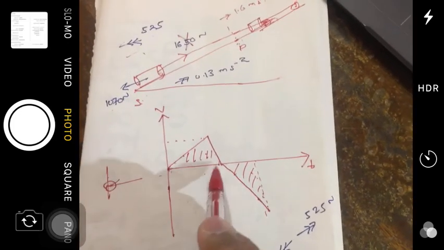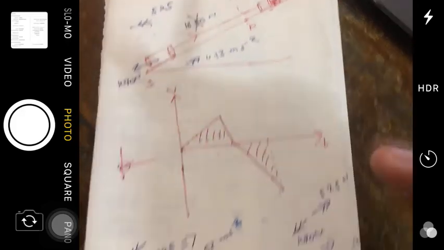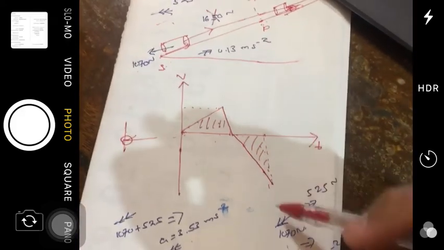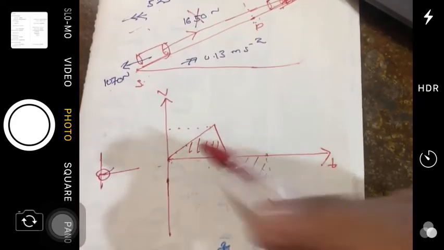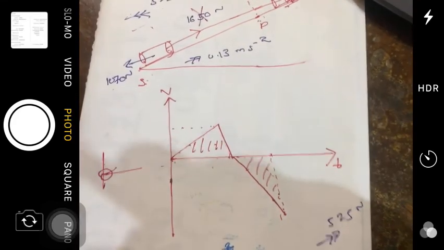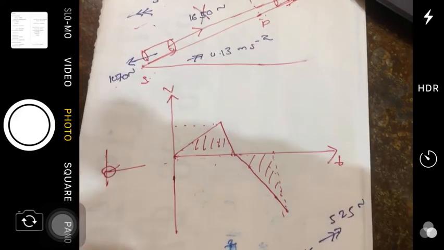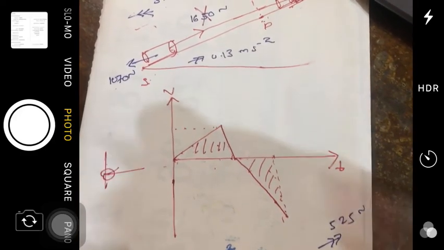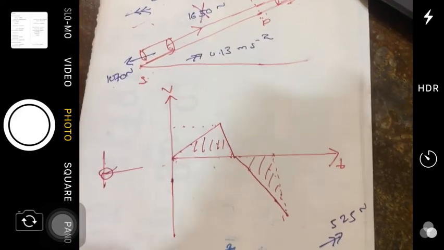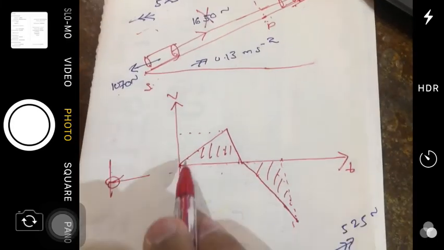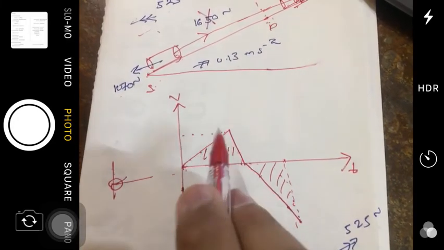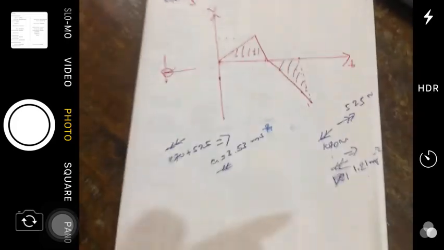So when the base is smaller, then obviously the height should be greater for those two areas to be equal. And compared to 0.13, this is 1.2, that's like 10 times. So it should be very, very large, not just like this. Since we have drawn it like this, but if you want to properly draw it, it should be like this.